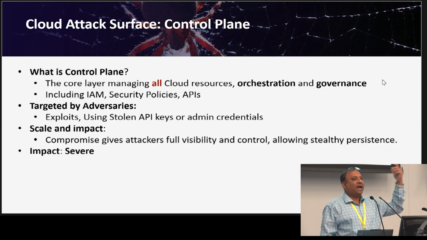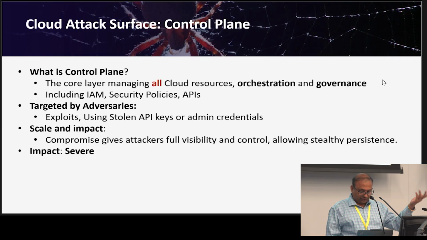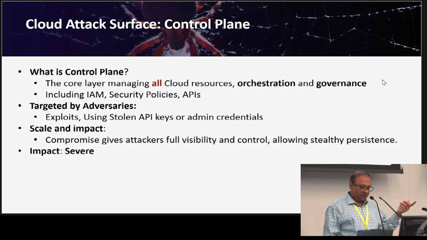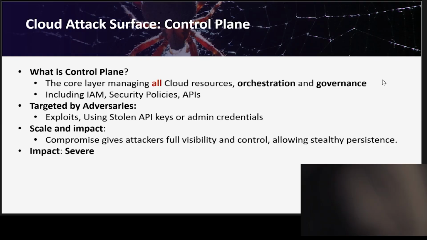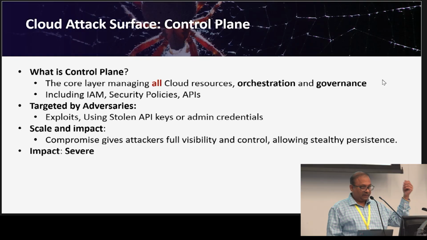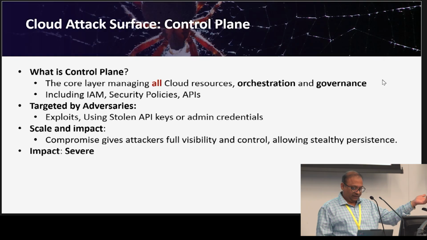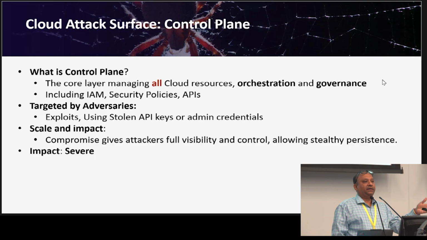Once you get access to it, basically you're an insider, like the actual DevOps person, including governance and orchestration, everything. How do you get access to this control plane? By exploits, again. They steal API credentials, or basically, again, identities.